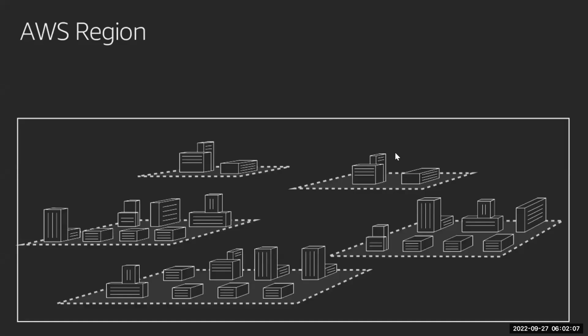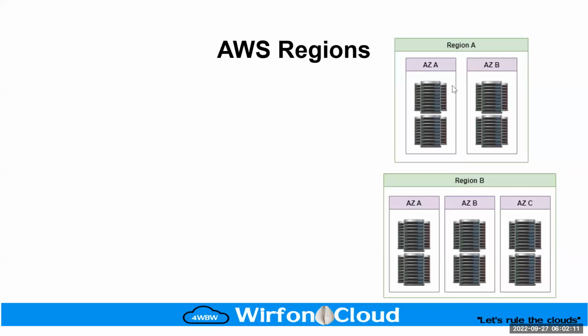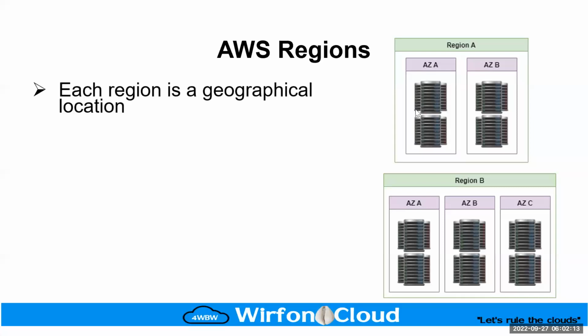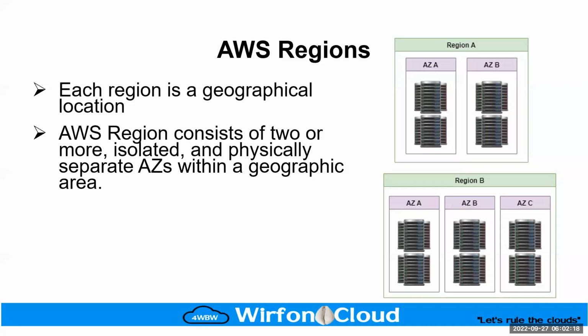Okay, so AWS region. Each region is a geographical location, and an AWS region consists of two or more isolated and physically separated AZs within a geographical area.